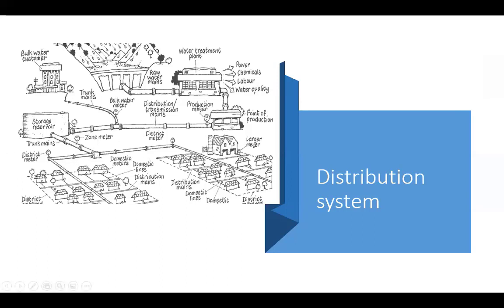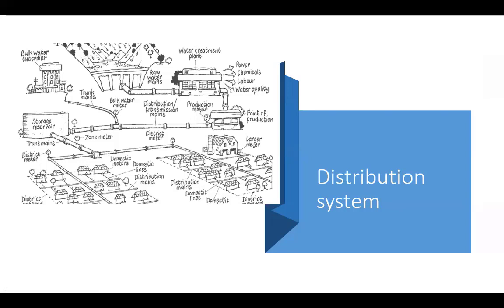And then as we move through the distribution system, our pipes are getting smaller and smaller. We have trunk mains here. We have distribution mains, and then mains right out to the community. Once we get to the home level, typically we refer to these as service lines.